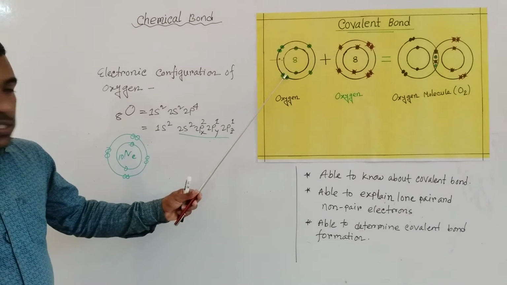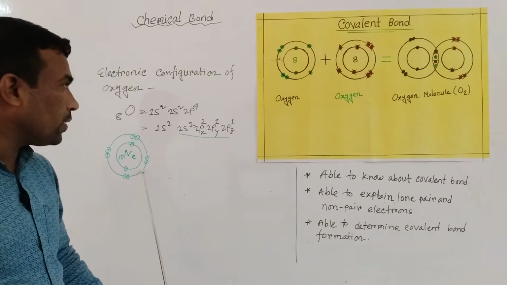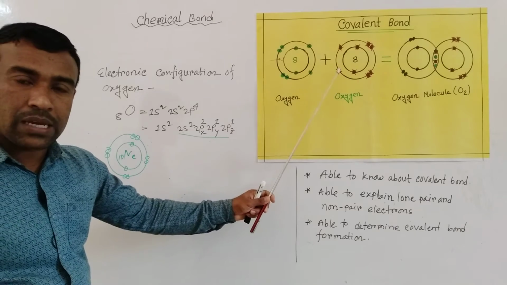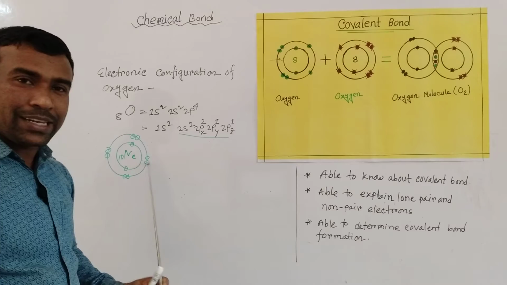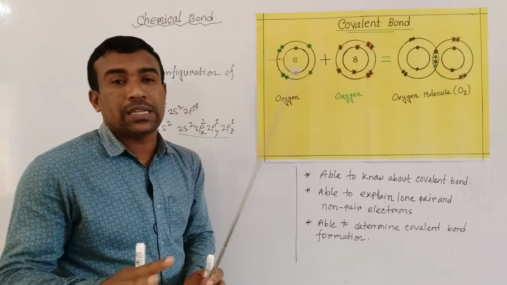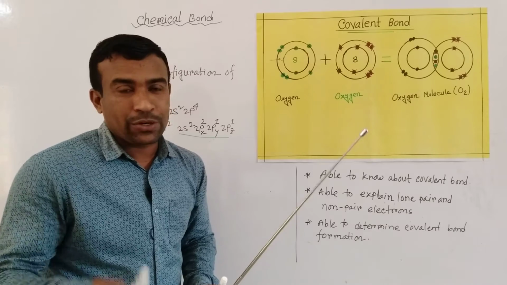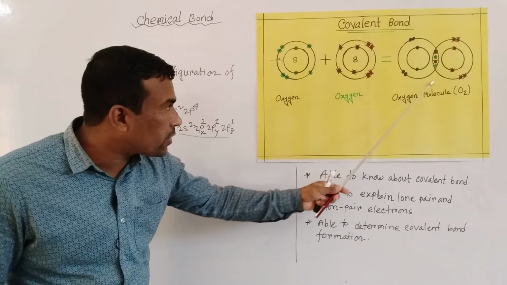So this oxygen has a tendency to acquire the electronic configuration of its nearest inert gas like neon, and the other oxygen has the same tendency. So when 2 oxygen atoms come near each other, both are not interested in donating electrons. As a result, they will be joined together by sharing electrons.